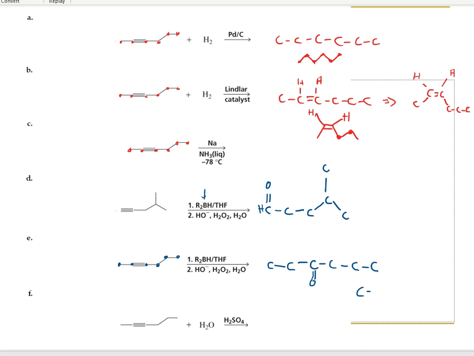Because I could have 1, 2, 3, 4, 5, 6. Here at carbon number 2, I had the triple bond. I could have done this. Triple bond breaks to a double. 2 sites of attachment open up.